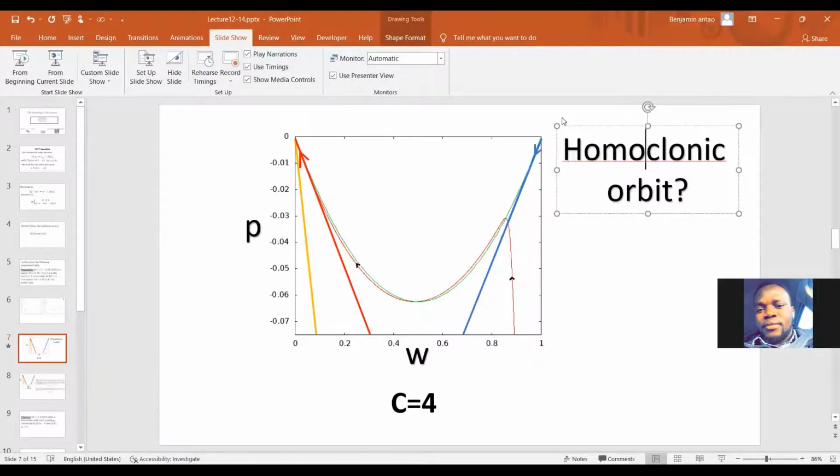A homoclinic orbit is a trajectory which goes from a stationary point and comes back to it. But we look not for a homoclinic orbit, but for a heteroclinic orbit.